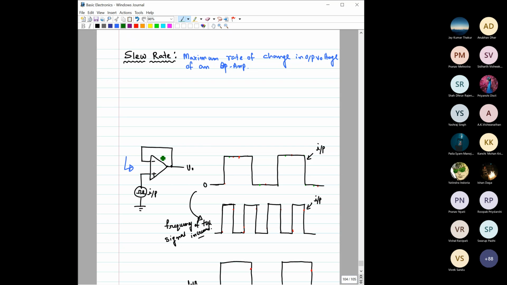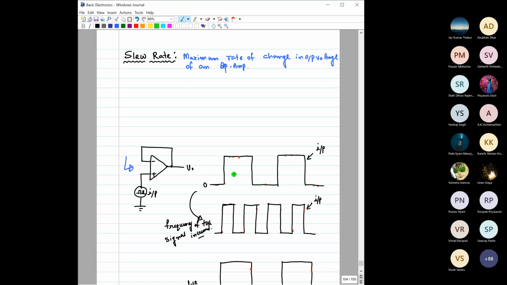But inside this op-amp there are 20 to 30 transistors, and each transistor has internal capacitances, because of which the output voltage cannot change instantaneously as the input changes. So it will take some time for the output to change.